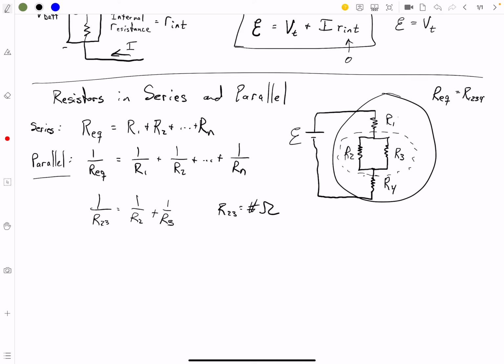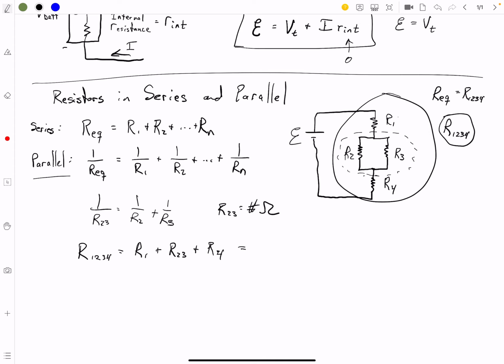Now we can do R1234, which essentially is R1 plus R23 plus R4. These are all in series now, right? R23 is in series with R1 and R4.